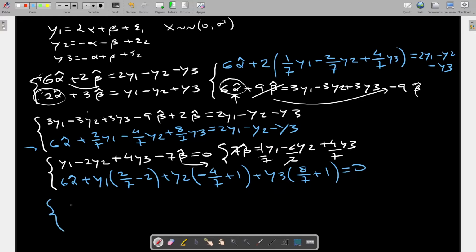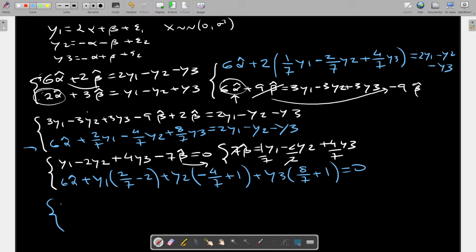Let's keep going. So now we just need to rearrange these terms in order to get one value here. So 2 is the same thing as having 14 divided by 7. So it's 2 divided by 7 minus 14 divided by 7. So it's 2 minus 14, which is minus 12.